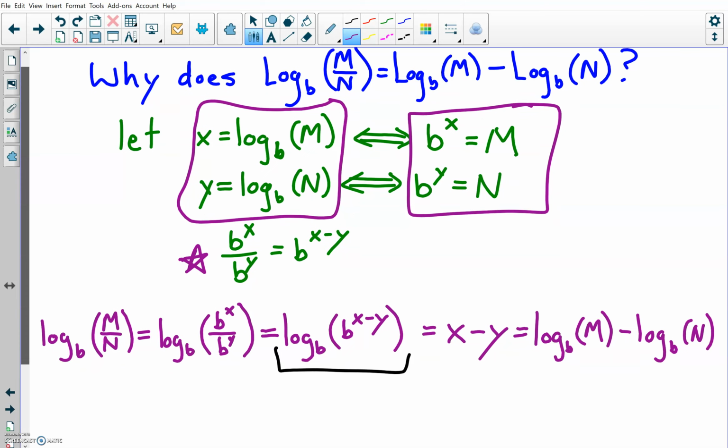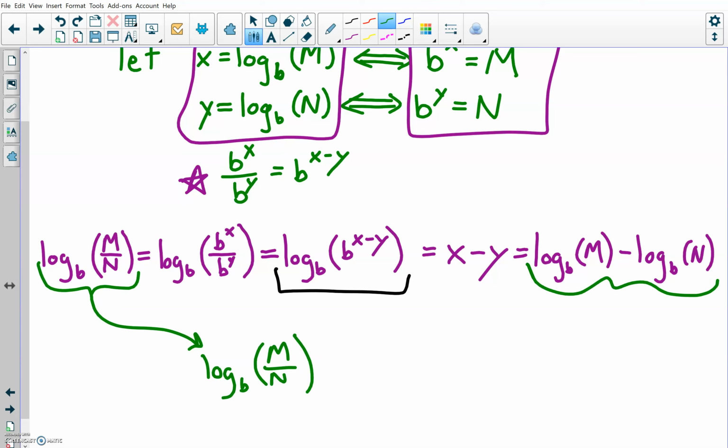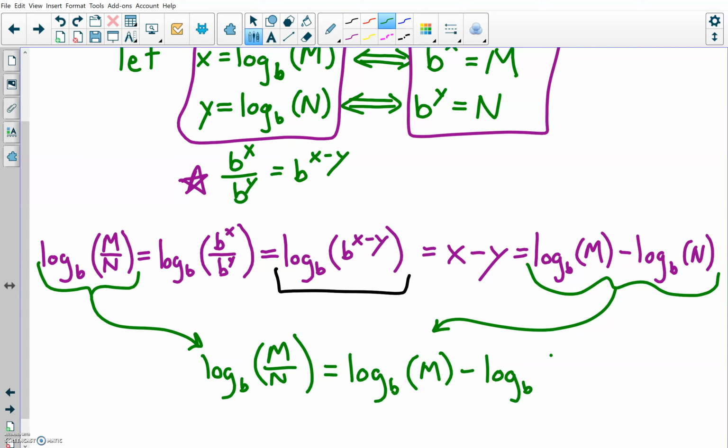And then if I cut out all that middle crud and just take this far left side, bring it down, and then take that far right side that we ended up with, bring it down, we have now shown why the log of a quotient is the same thing as a difference of two separate logs.